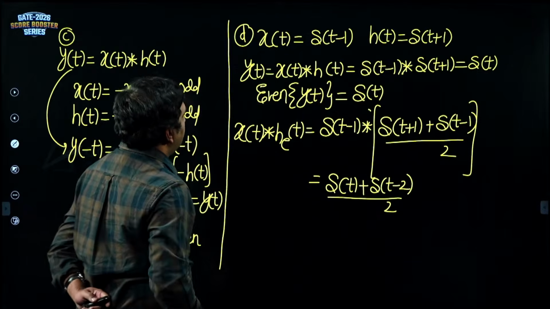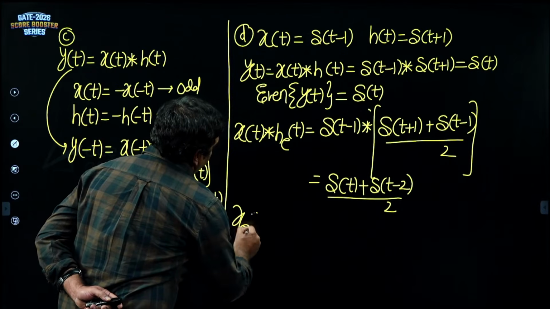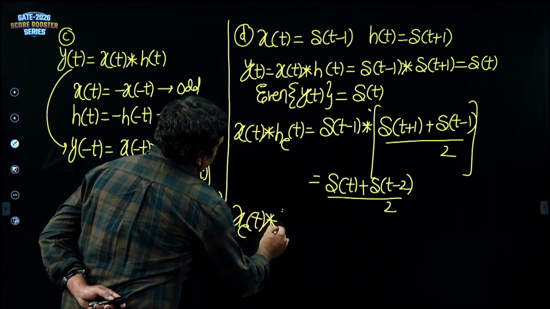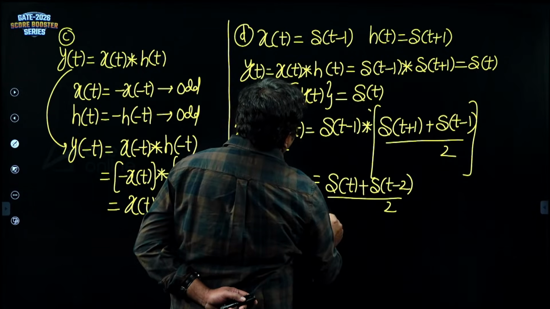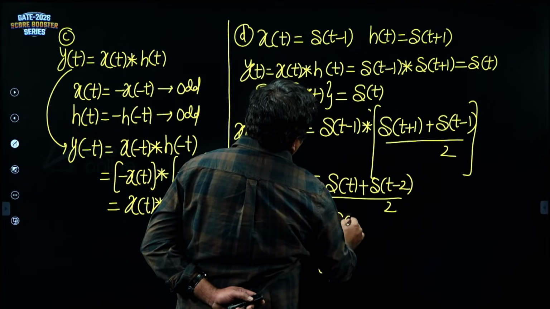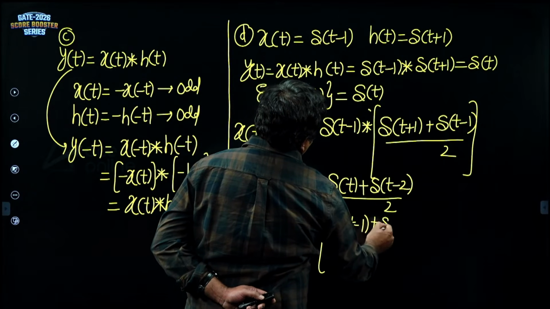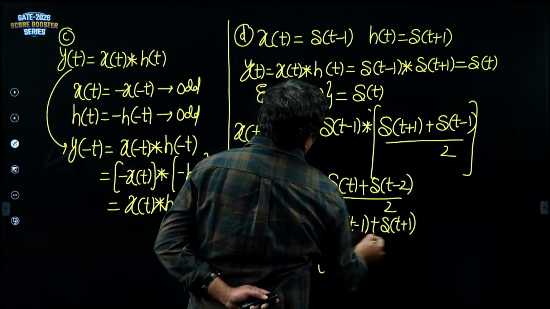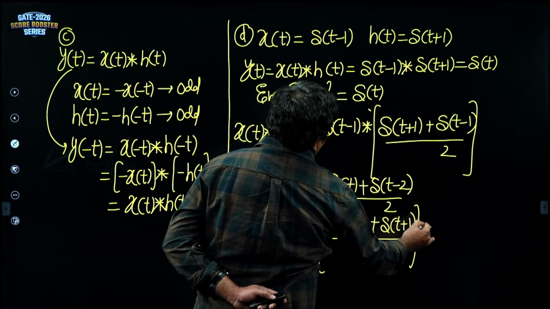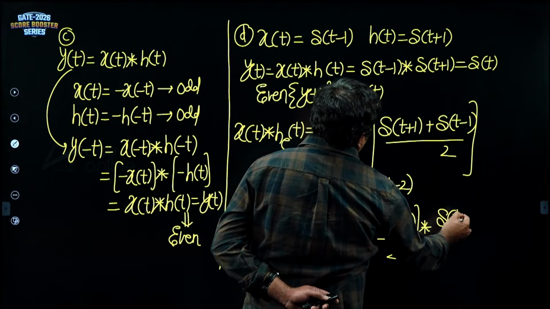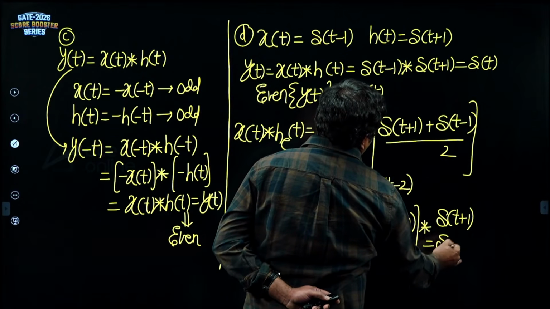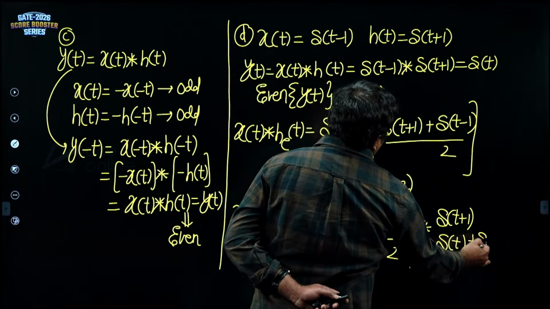That is one segment. What is the other segment we have? The even part of x(t) convolved with h(t). You have to pick the even part of x(t), which is delta(t-1) plus delta(t+1), by 2, convolved with h(t), which makes the result delta(t) plus delta(t+2).